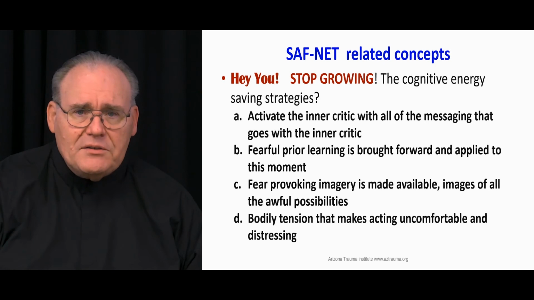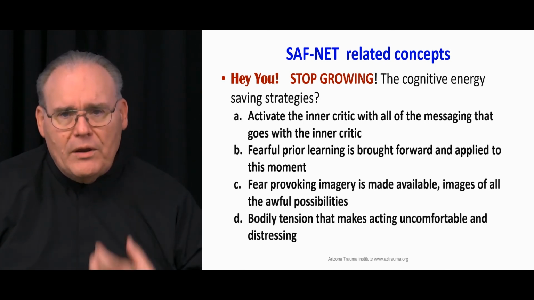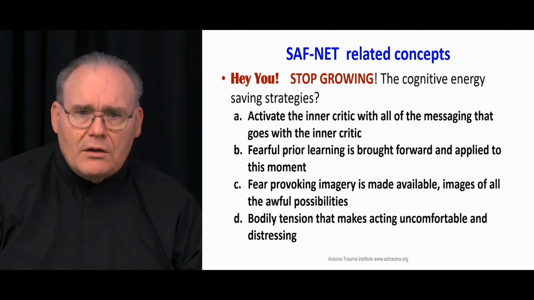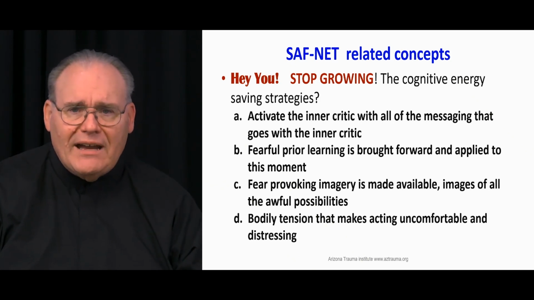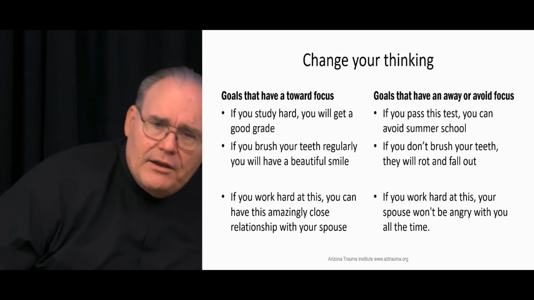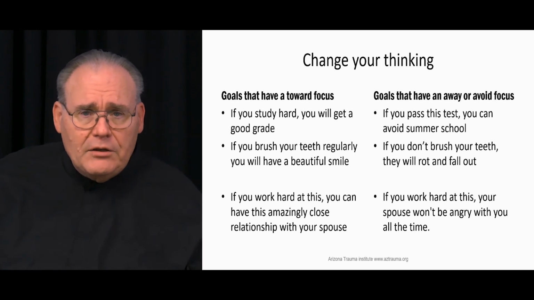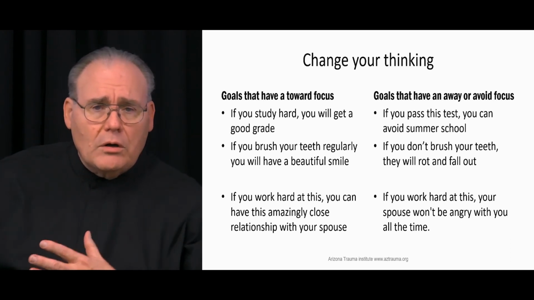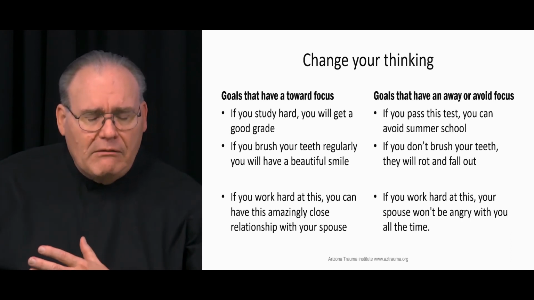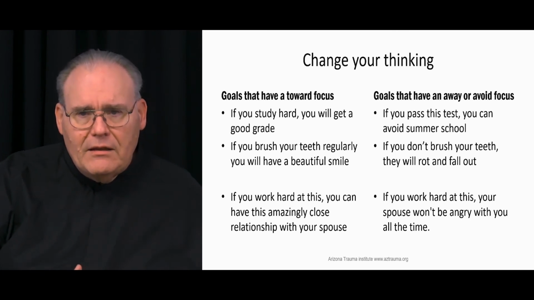These are strategies that your own body is bringing to bear because you are trying to use all that cognitive energy. So let's go back and look at how you change your focus. If you are a forward-focused person and you're used to moving against or towards something, it's going to be very difficult for you to come back and look at this differently, but you can do it.